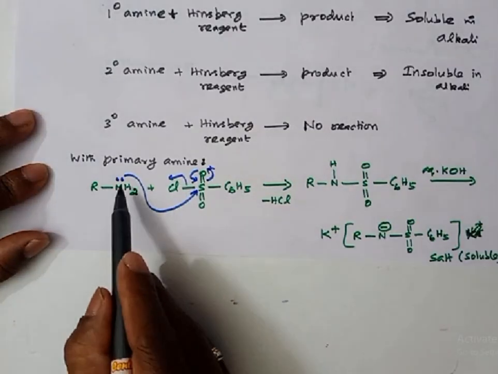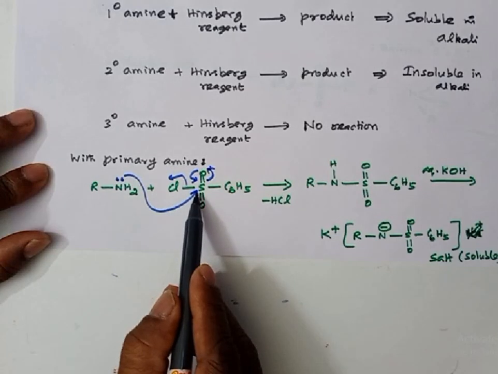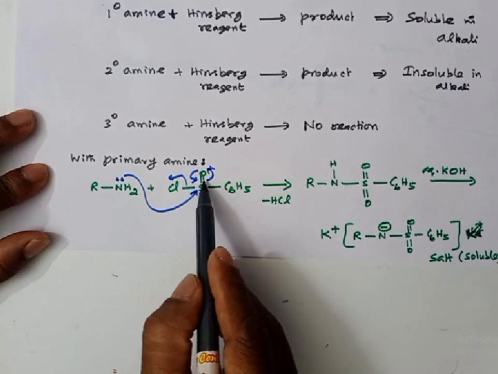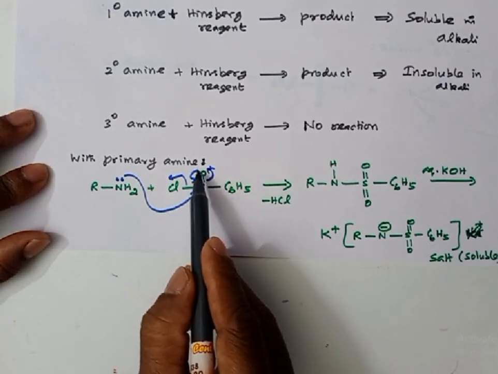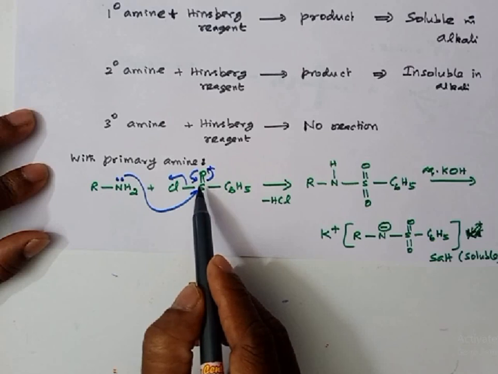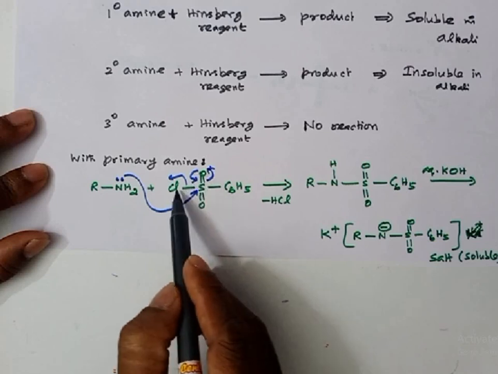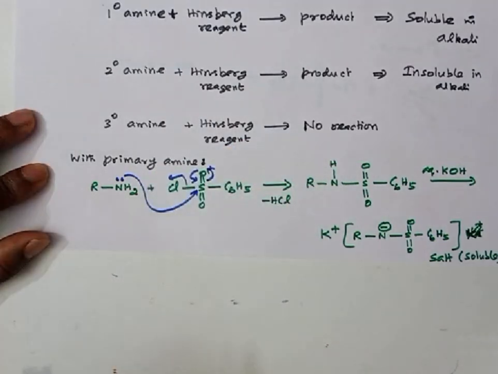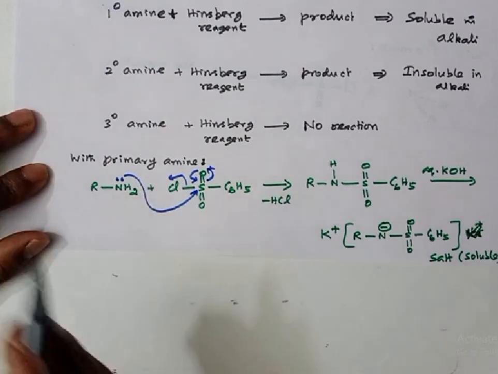I repeat, nitrogen attacks the sulfur atom. The pi bond will shift to oxygen, and you will get O minus. That O minus again comes back and once again forms the pi bond. Then when it comes back, this chlorine comes out with the bond pair as Cl minus.